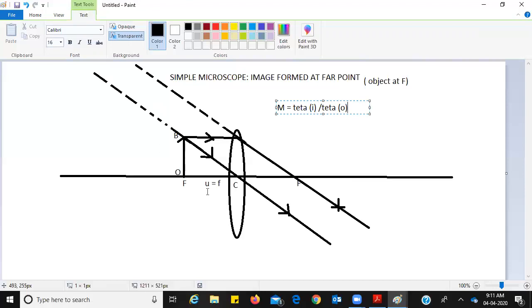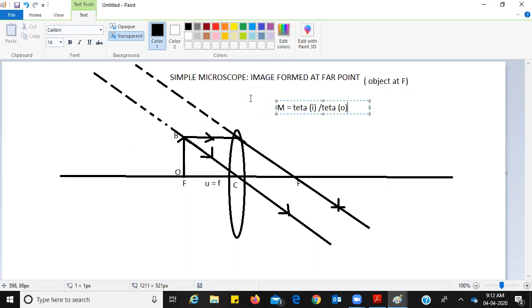How to find theta O? Sir, OB by OC? See, in the previous question, will magnification be V by U or U by V?